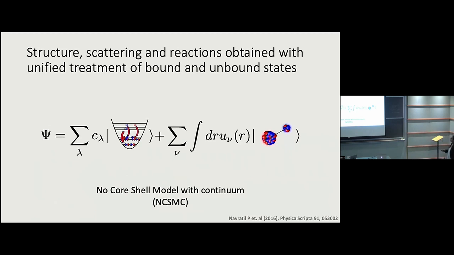So we use this ansatz for the many-body wave function, in which there are two terms. We use an expansion in harmonic oscillator basis states, many-body harmonic oscillator basis states, to describe the static properties of nuclei, and we use it to describe the wave function of the composite system, so the proton and the beryllium-7 when they are close together.